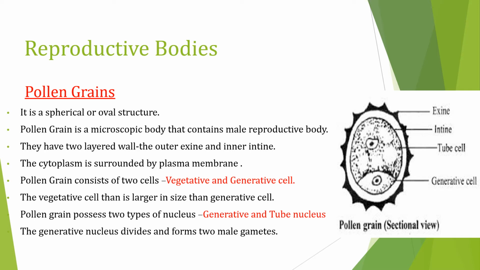The generative cell is comparatively smaller in size and it floats inside the cytoplasm of the vegetative cell. The pollen grain possesses two different types of nucleus. They are the generative nucleus and the tube nucleus. The generative nucleus divides and forms two male gametes which develop into the pollen tube just after the pollination.